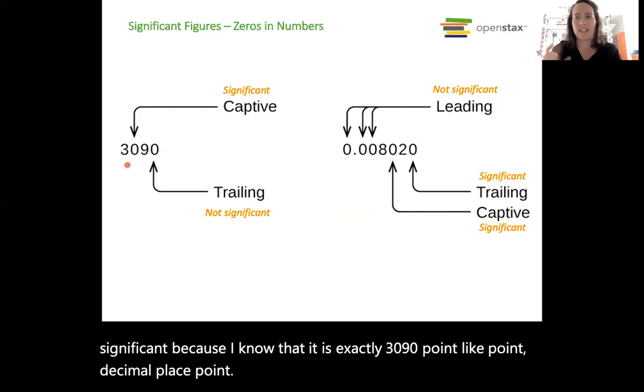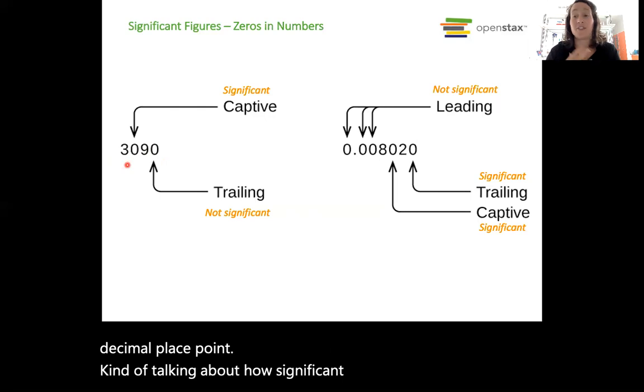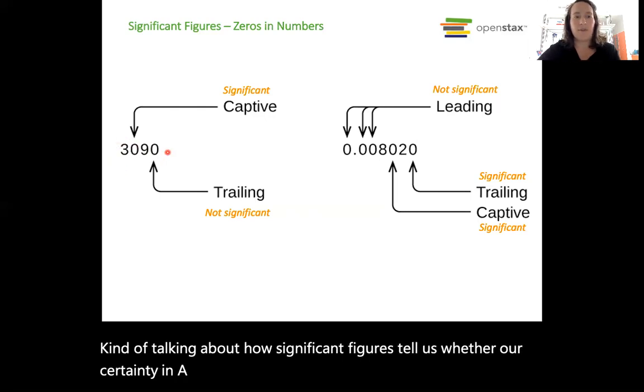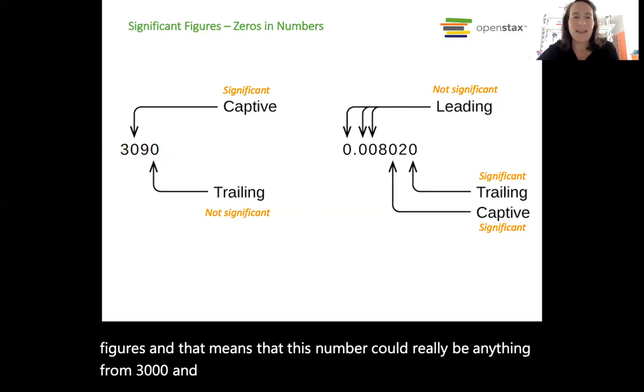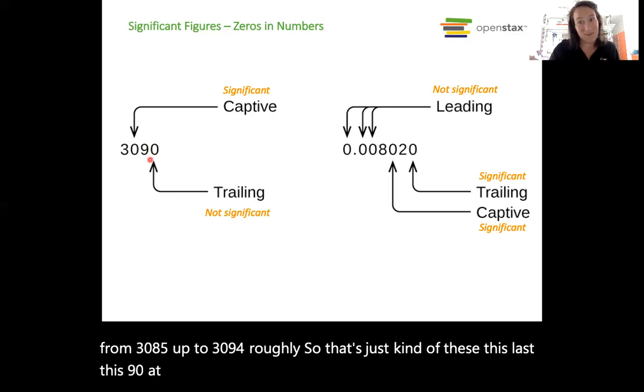This is how significant figures tell us our certainty in a number. So 3090 has 3 significant figures, and that means this number could really be anything from roughly 3085 up to 3094. That last 0 at the very end is what we're uncertain of.